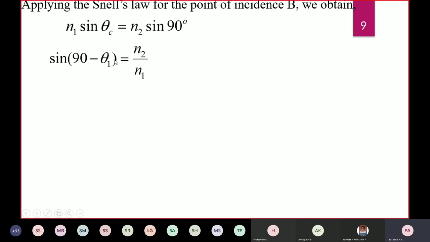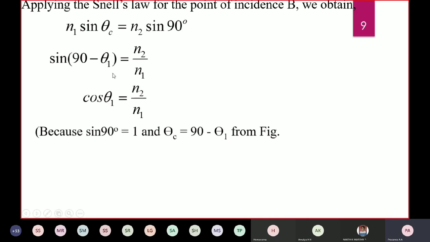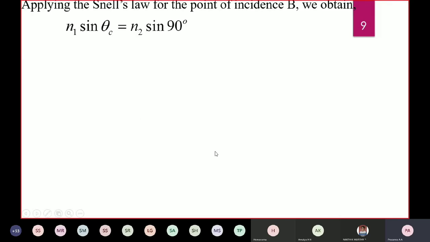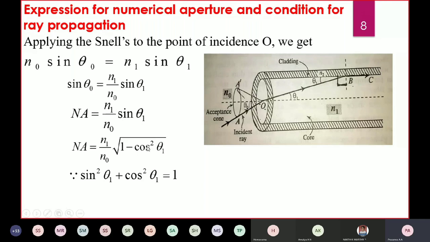And sin of 90 minus theta 1 means what? It is cos theta 1. That's why cos theta 1 is equal to N2 by N1. I am now substituting for cos theta 1 in the previous equation.